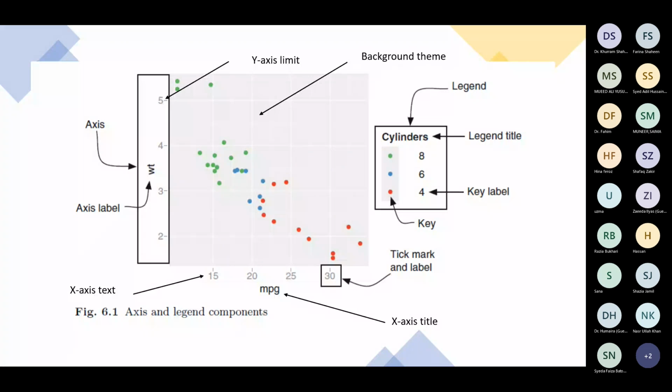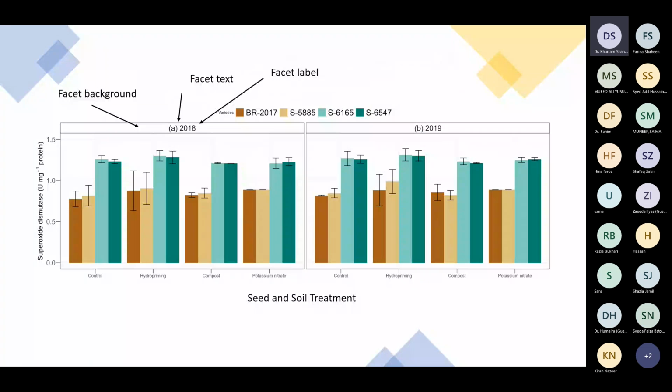Can anybody tell me how many factors this data has? Four. Can you explain it?